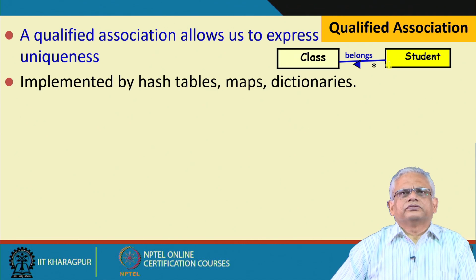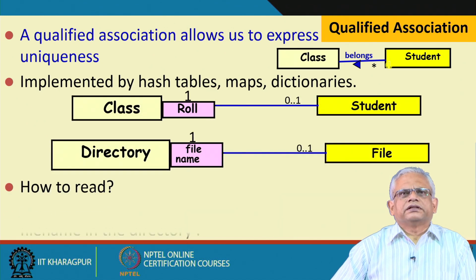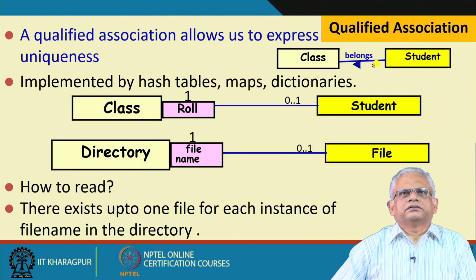We want to express that there exists up to one student with a given roll number in a class. Given the roll number, we can uniquely identify the student of the class.